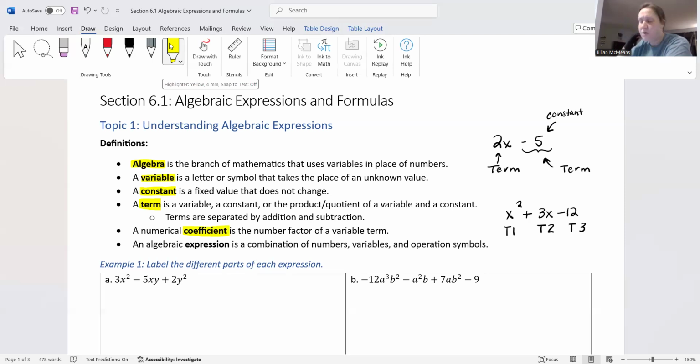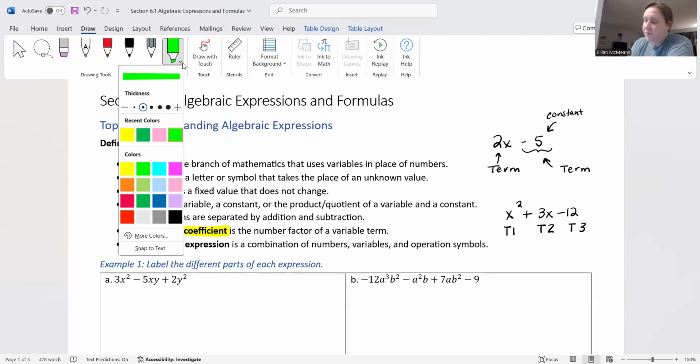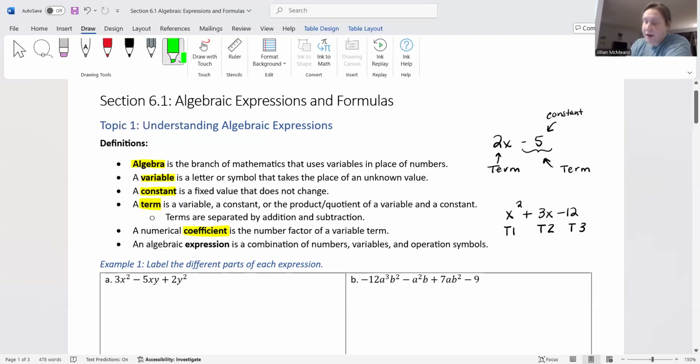Okay, so we have several examples sitting here on the board. If I look at 2x minus 5, so I look at 2x, the 2 would be the coefficient. I would say the coefficient of the 2x term is 2. If we look at 3x, 3, the numerical factor of that term, is our coefficient.